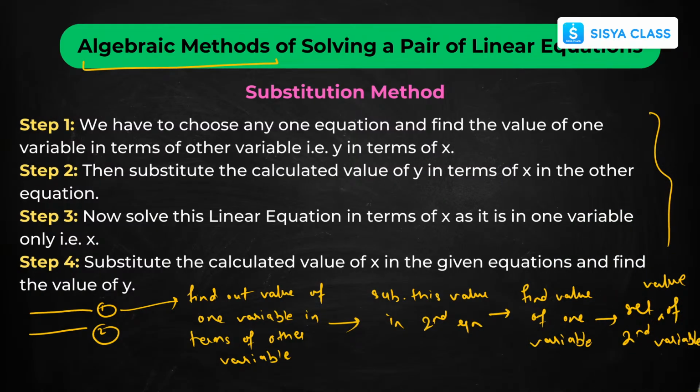Consider one equation and find the value of one variable in terms of the other variable. Substitute that value in the second equation, which becomes an equation in one variable, and find its value. Then substitute that value in either the first or the second equation to get the value of your second variable too.